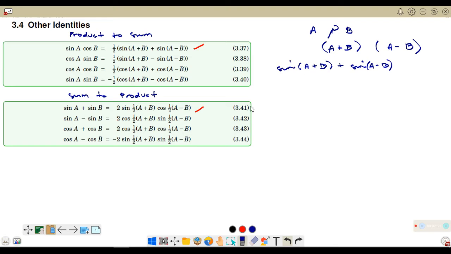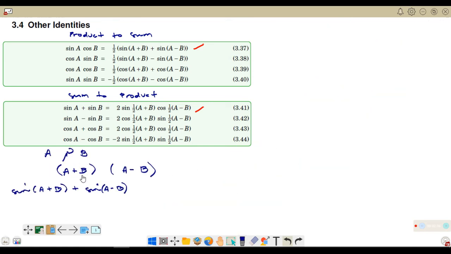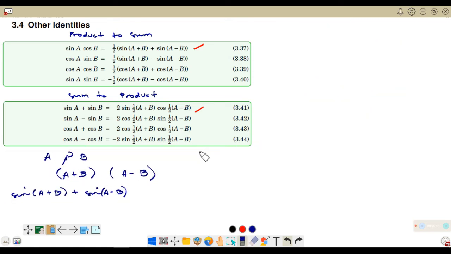Meron tayong for the sum of two angles A and B, pwede mo siya isulat as sine, cosine, cosine, sine, and of course, follow the operation. So we have here sine A cosine B, cosine A sine B. But this is only for the first term, sine of A plus B, yung sa sum natin. Dito sa pangalawa, sa sine A minus B, of course, we are going to retain our operation here, the plus operation. So, plus pa rin siya.